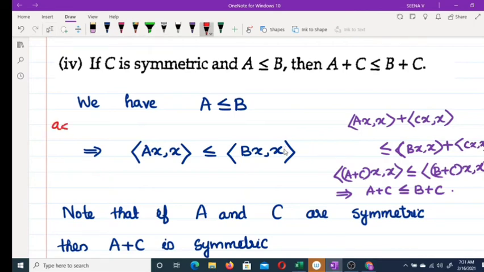Therefore, A less than or equal to B and C is any real or complex number, then A plus C is clearly less than or equal to B plus C. So we are using this result here. And this is the same as A plus C XX less than or equal to B plus C XX. So we have AXX less than or equal to BXX implies A less than or equal to B. From this we have A plus C less than or equal to B plus C.